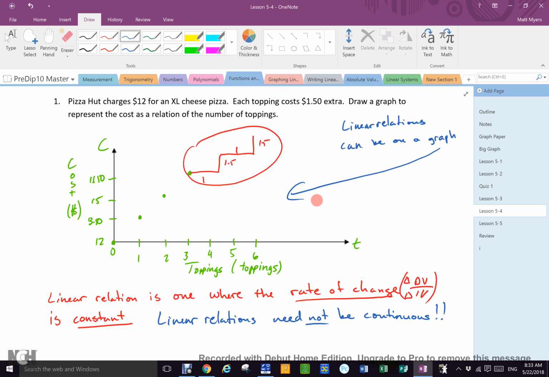No. How did we put the dots on the graph? Strike that. Reverse it. Why were we able to do that? The explanation. Linear relations can be on a graph. Linear relations can be words.